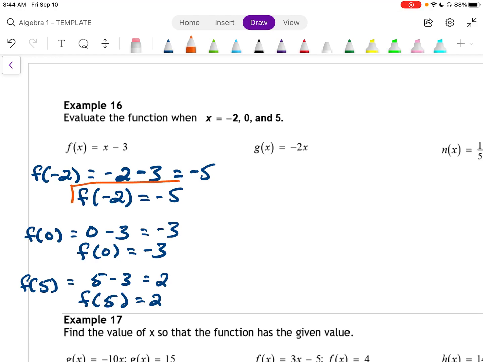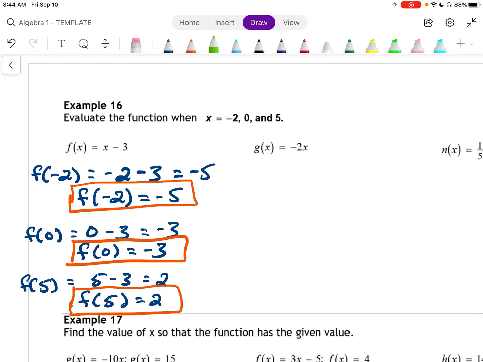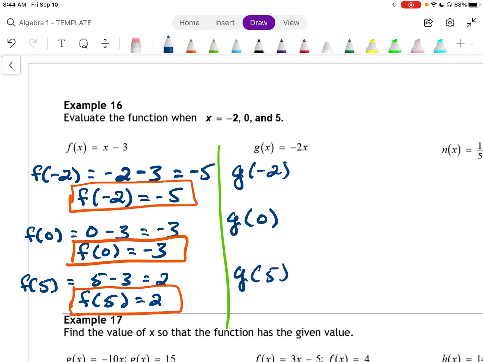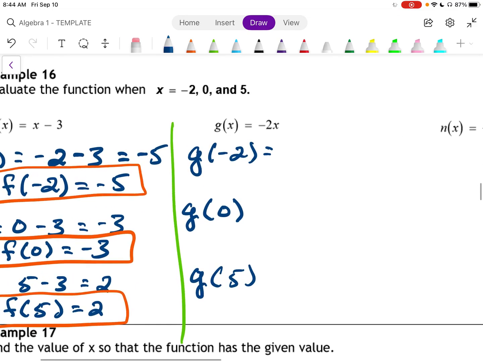So my answer here would be all 3 of these. Next up, I'll draw a little vertical line there. That way it separates them. We have g of -2, g of 0, and g of 5. For -2, I'm going to have -2 times -2, which is going to be +4.